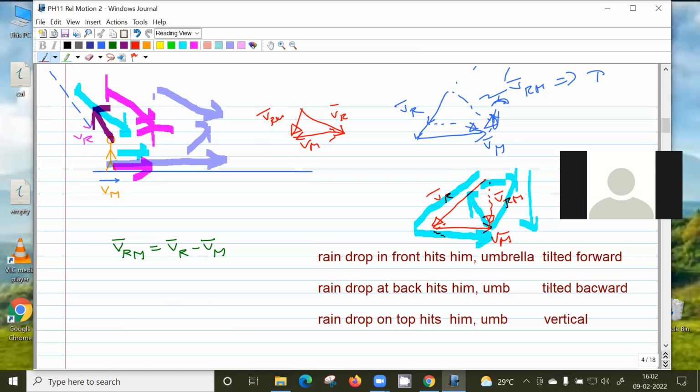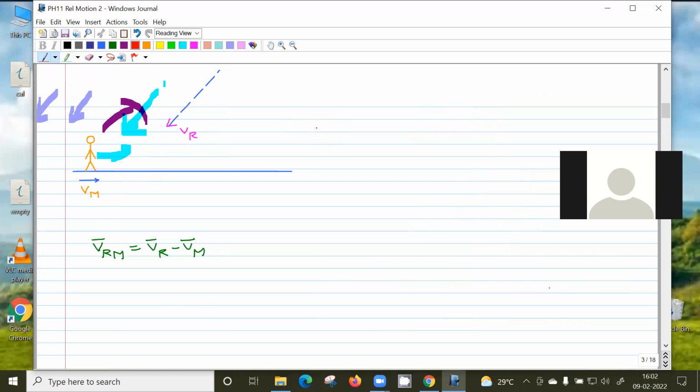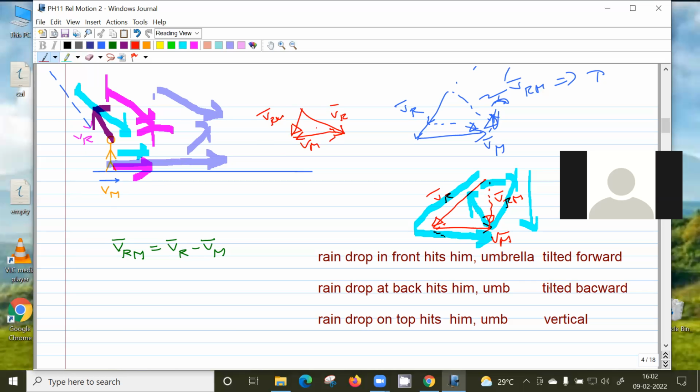Here VR is on this side, on the front side, when it's vertically downwards. VR.